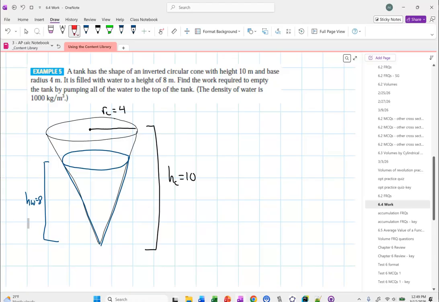So let's think about what is physically happening here. We are lifting the water from the cone up some distance, right? Everybody's okay with that? Now, two things are going to be changing as we're doing this.